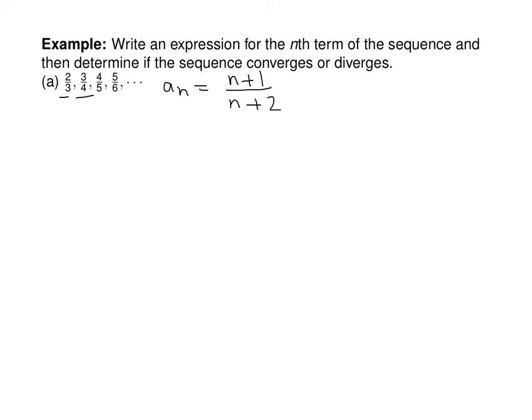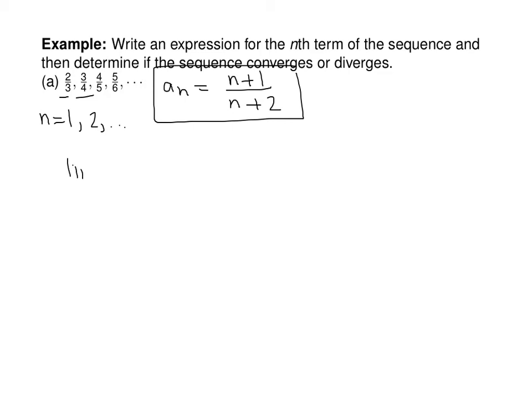The best method that I have for this is just to make some guesses and then plug in n equals 1, n equals 2, etc. and check to see if your formula works for the terms you're given. So we plug in 1, we get 2 over 3. We plug in 2, we get 3 over 4. We plug in 3, we get 4 over 5. We plug in 4, we get 5 over 6. So that is the expression for the nth term.